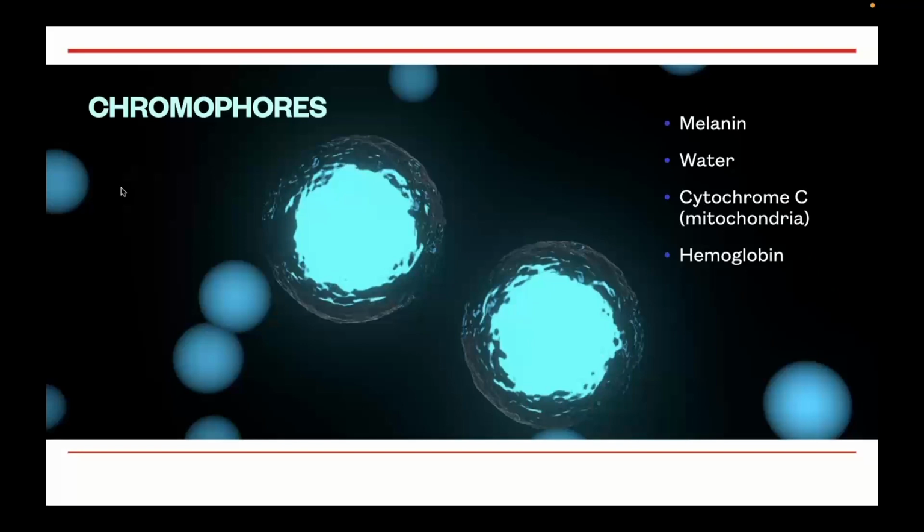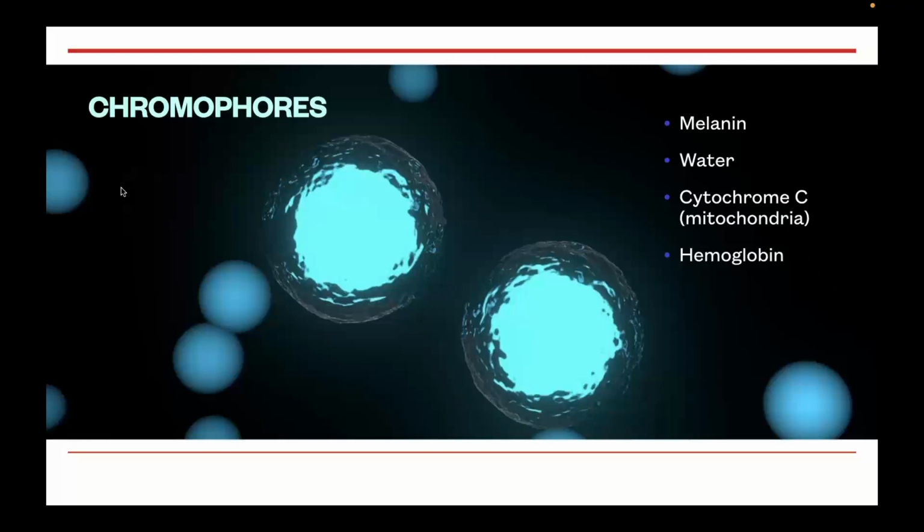We have melanin, water, cytochrome C oxidase, which is part of the respiratory chain in the mitochondria, and hemoglobin. When these molecules absorb the energy, the result is better blood supply to the area, more oxygenation, and increased tissue metabolism. Other molecules and cellular mechanisms are involved, such as nitric oxide and ionic channels.